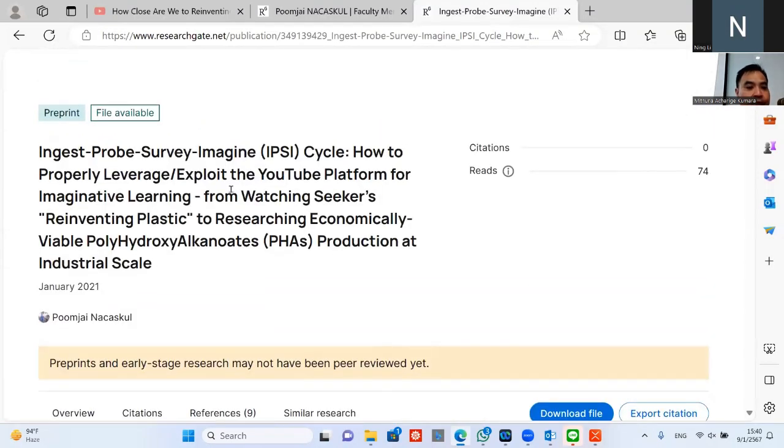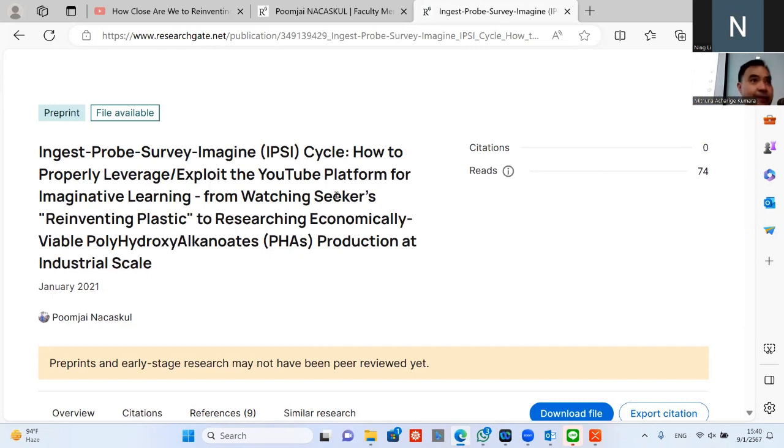Anyway, this is a paper that I'm going to send you the link to. Just go download it. Basically, this introduced the concept of ingesting the material from YouTube, using it to probe different topics, and then you survey, then you measure. This is what I call ingest, probe, survey, and imagine.